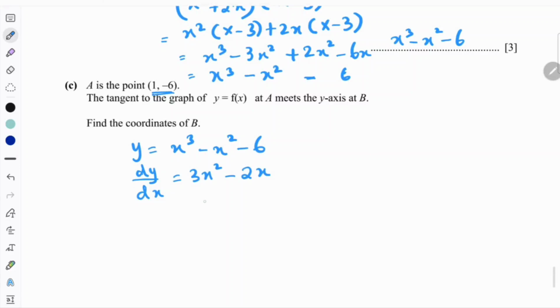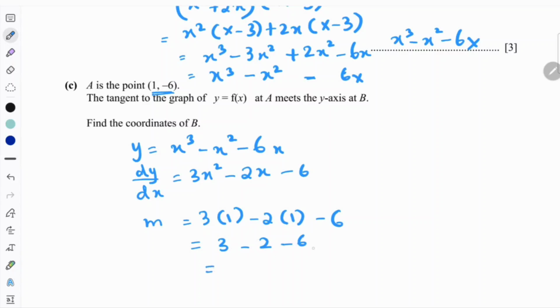So the gradient equals 3 times 1 minus 2 times 1 minus 6, which is 3 minus 2 minus 6, that is 3 minus 8, which is minus 5. Sorry, I just forgot to write down x at the top, so you must have understood that this is 6x. Alright, so this is the slope we found at x equals 1 in this question.